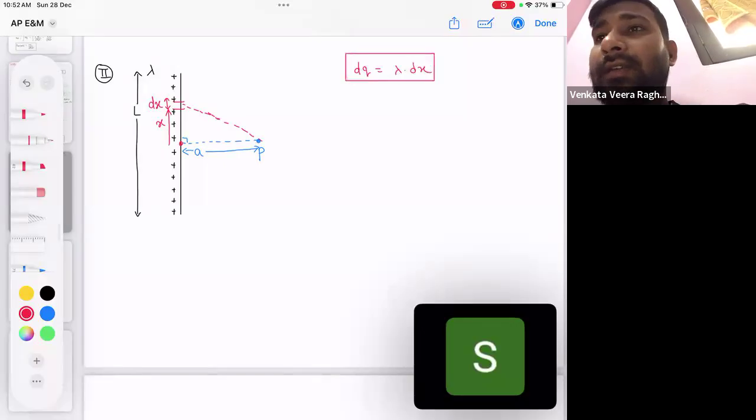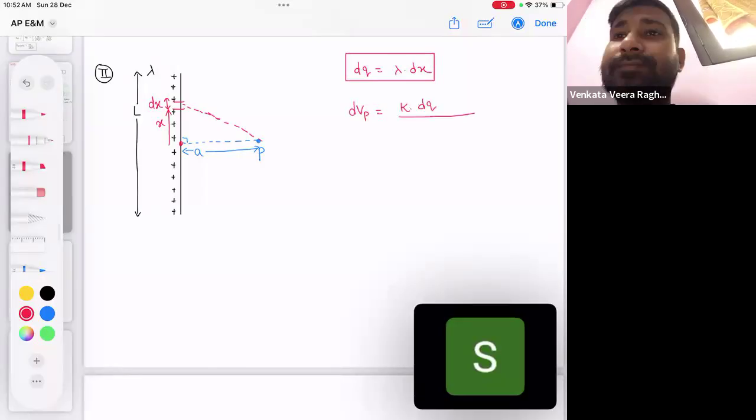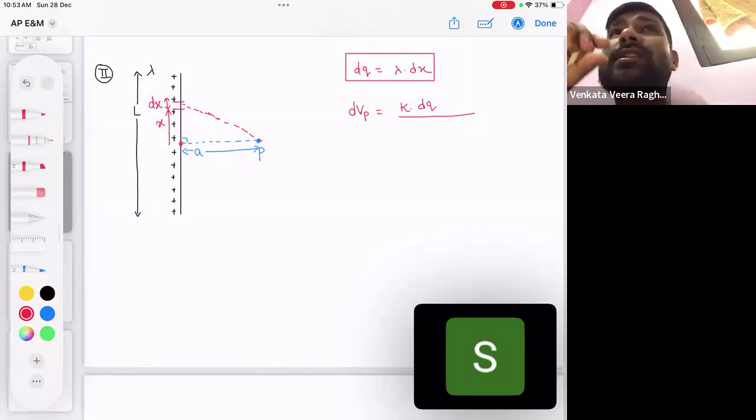And if I want to calculate the small potential at point P, it will come k dq divided by the distance of the element to the point, because elements are point charges only.